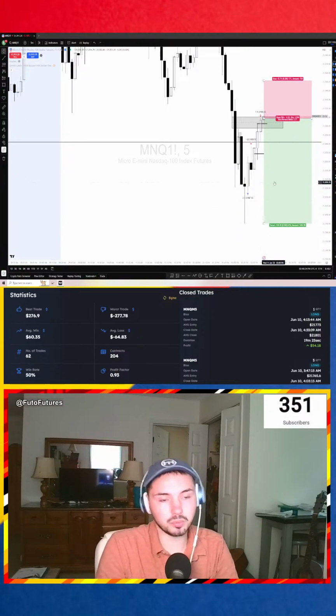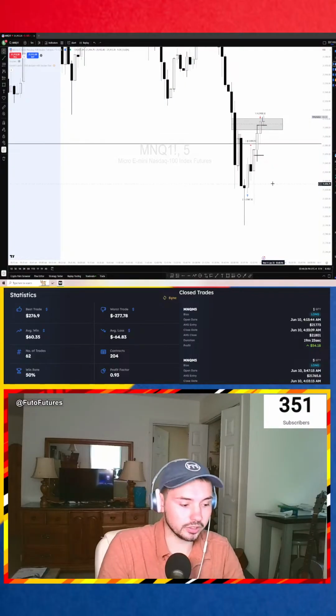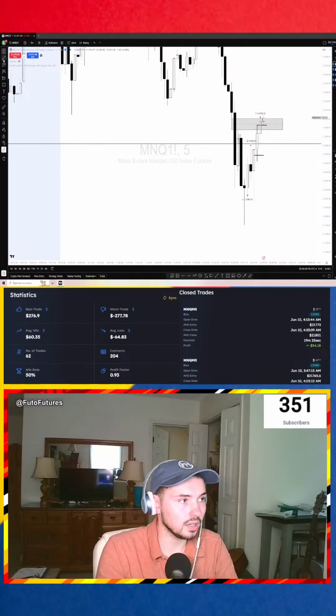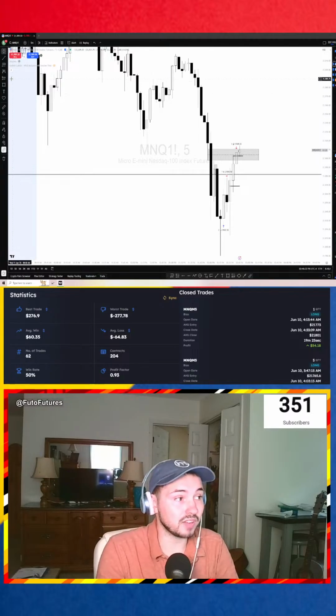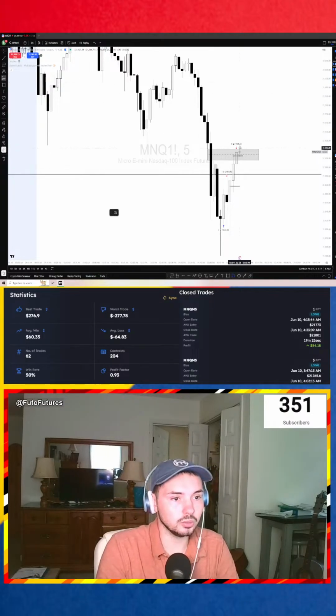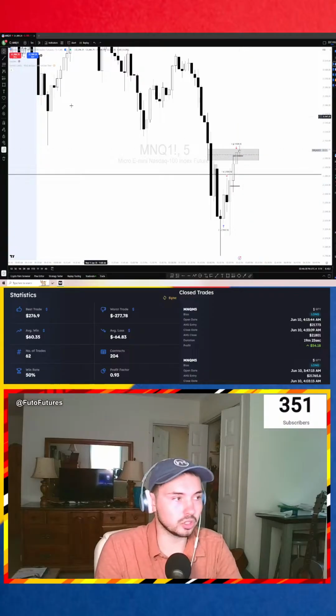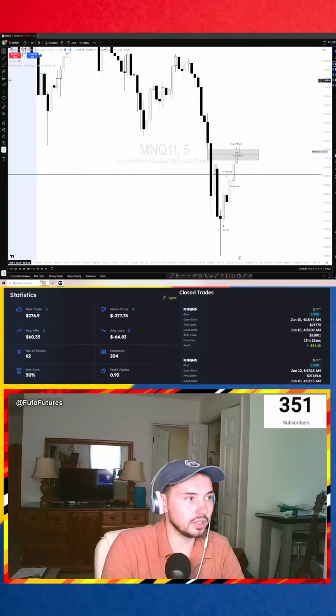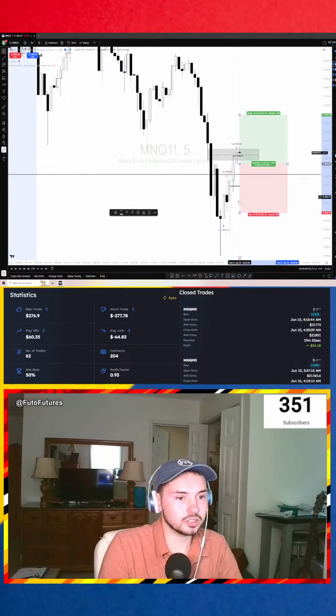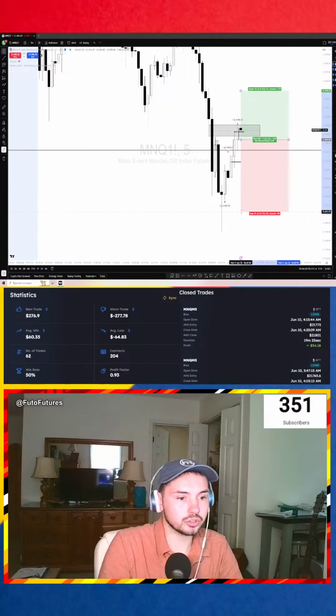Number B, which is the more likely scenario and the better one to trade, is you hope that this 5-minute candle we're seeing right here closes above the structure. Any close above the structure, and then you look for a retest below the structure. That's where you enter your long position down here, and your stop loss comes below this previous wick.